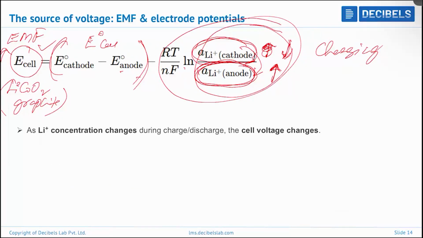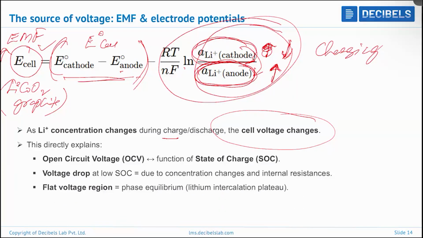So as lithium ion concentration changes during charge and discharge, the cell voltage also changes. Here the cell voltage is mainly dependent on the lithium ion concentration in the anode and cathode. These two, the E naughts, remain constant. This E cell directly explains the open circuit voltage, called OCV.